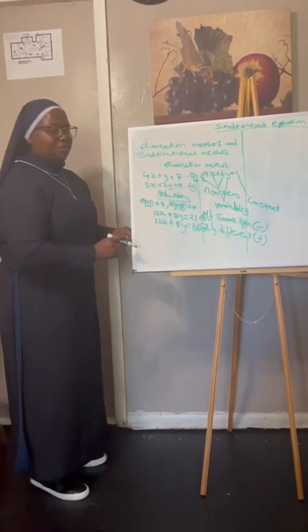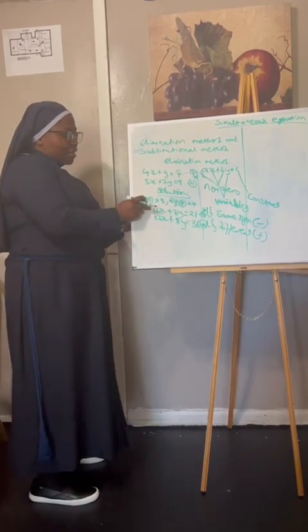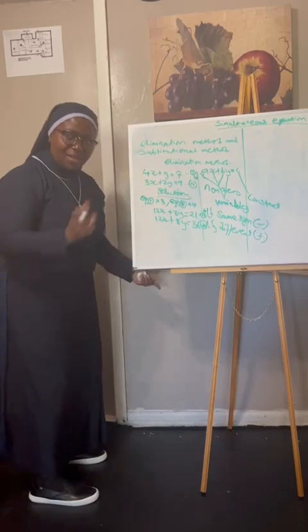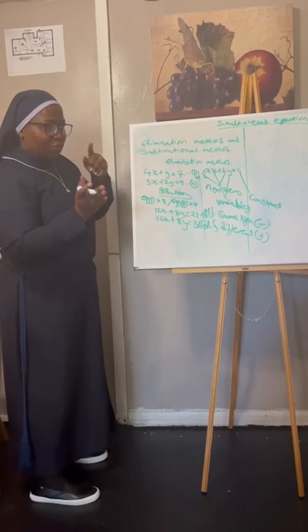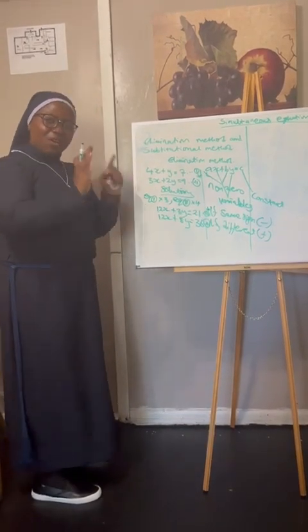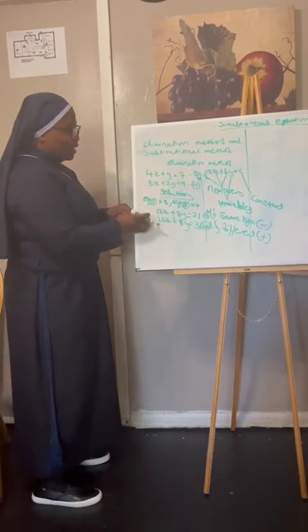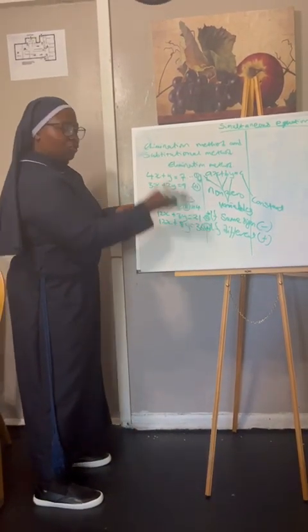Now whether you are saying this minus this or you are saying this minus this, it is the same thing. Equation 3 minus equation 4, or equation 4 minus equation 3, they are all the same. Because of this, I'm going to use this to minus that.